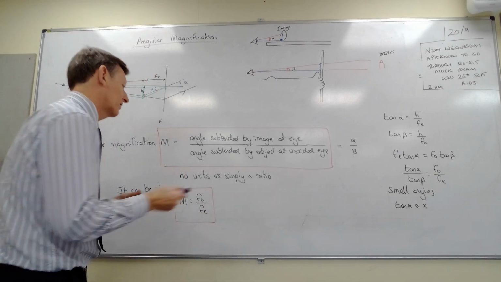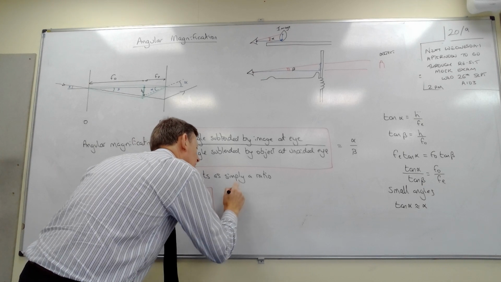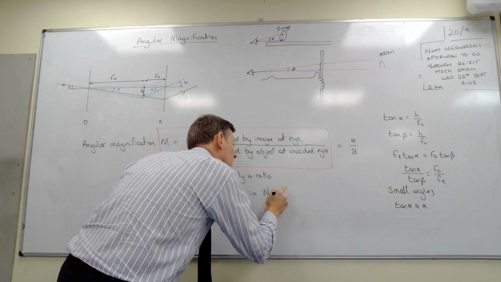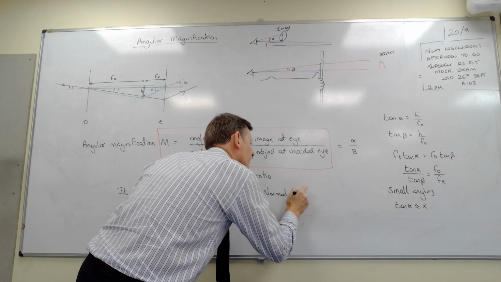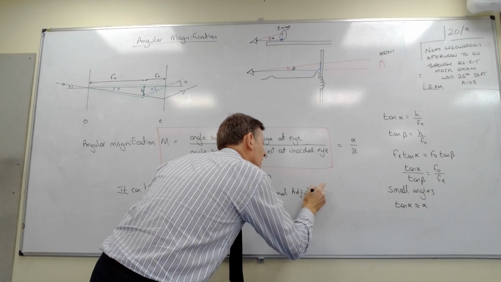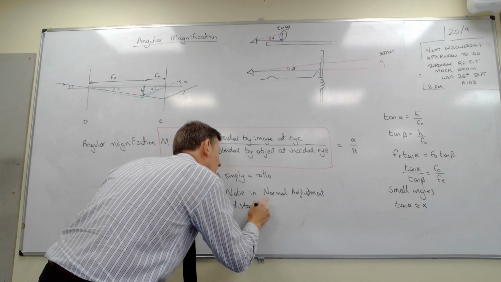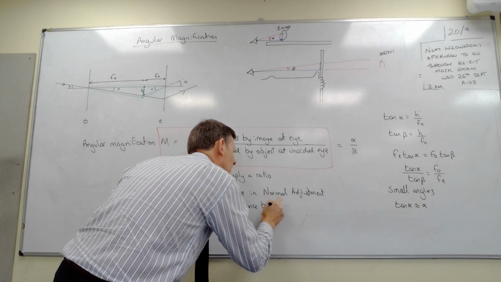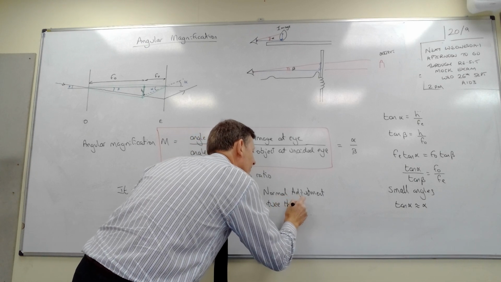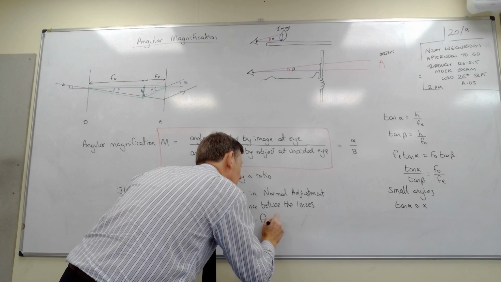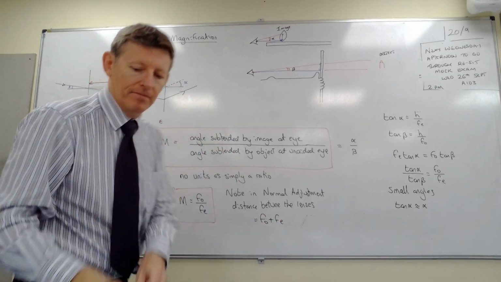And note, in normal adjustment, the distance between the two lenses equals f0 plus fe.